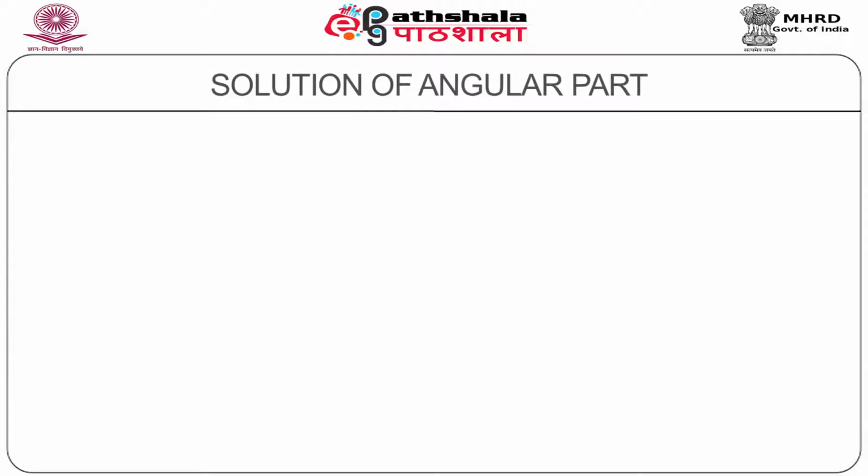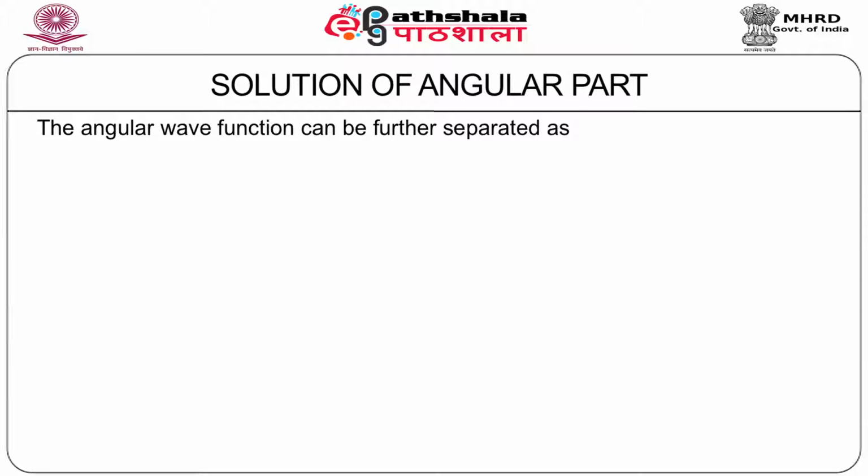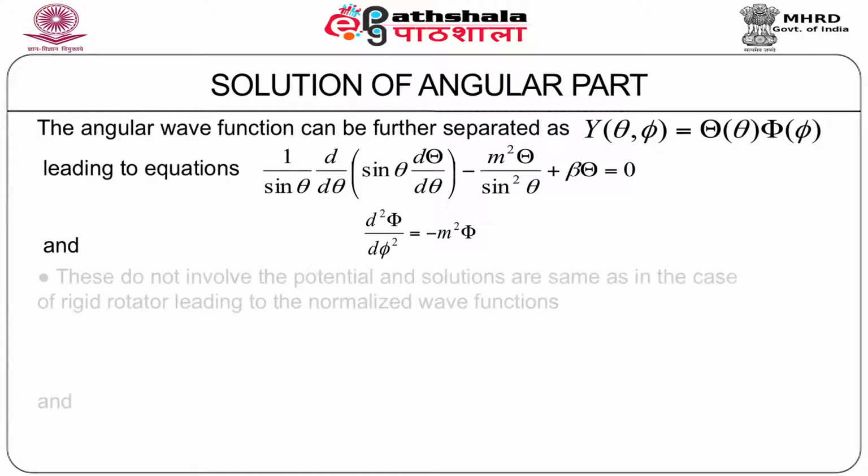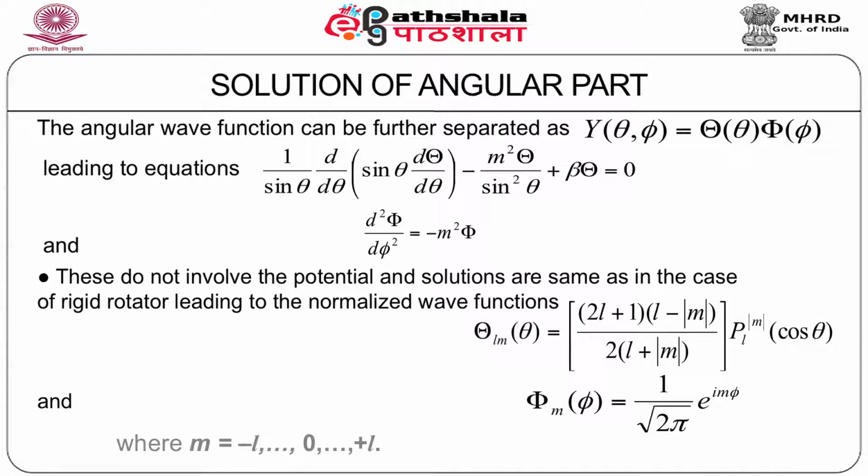So now comes the solution of the angular part. The angular wave function can be further separated as Y as a product of theta and phi, leading to two equations, the theta equation and the phi equation. These do not involve the potential, and the solutions are the same as in the case of a rigid rotator, leading to the normalized wave functions, which you can see on the board.